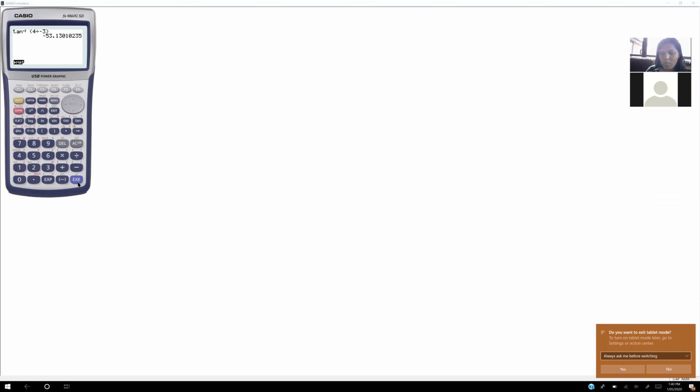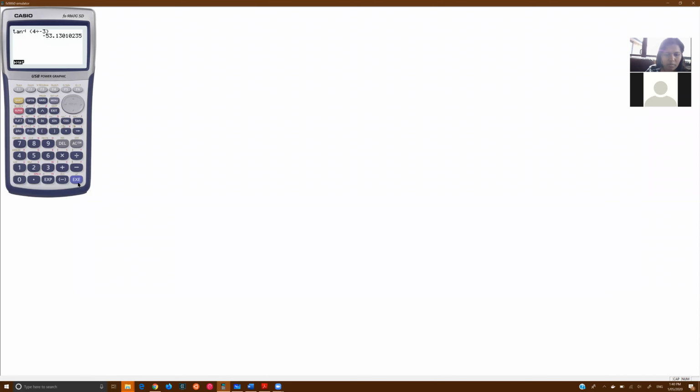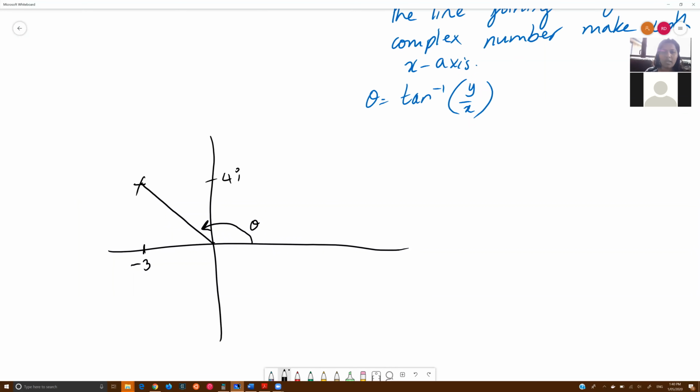Now, if we go back to our diagram, -53 does not seem correct. By the way, the angle going in this anti-clockwise direction is positive, and the angle going in the clockwise direction is negative, okay?